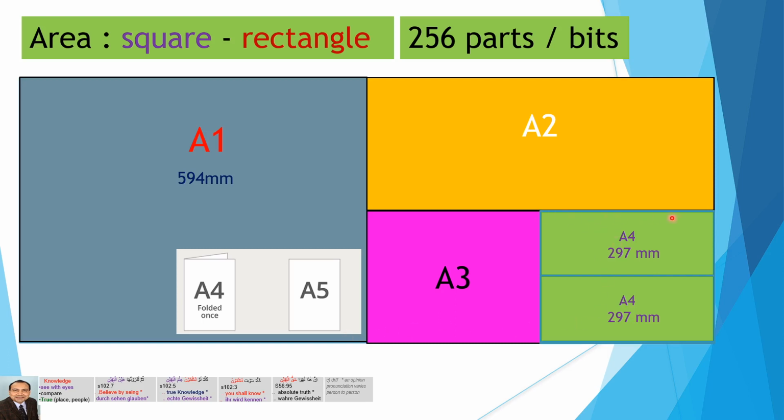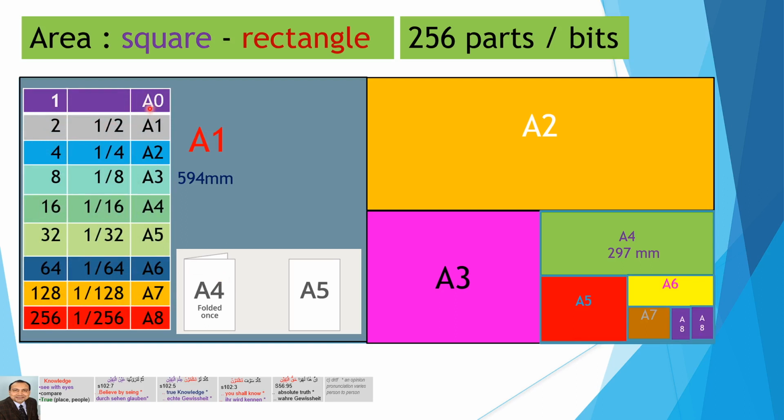Now this is the longer side, fold here, and you will get A5, this A5 and A5. Divide or fold length, A6, A6. Now fold here, A7, A7, fold here, A8, A8.